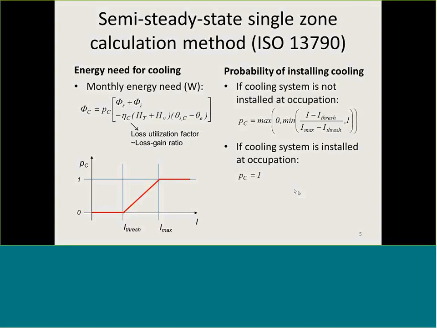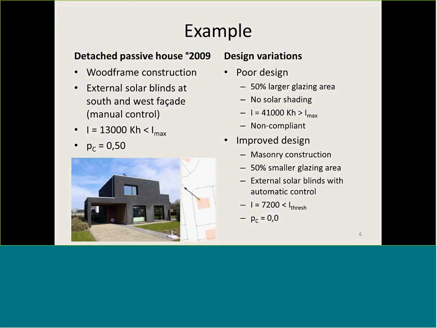Let's take an example related to a real case. It's a detached passive house. It's got a wood frame construction. Some measures are taken to reduce the overheating risk by installing external solar blinds at the south and west facade of this house.